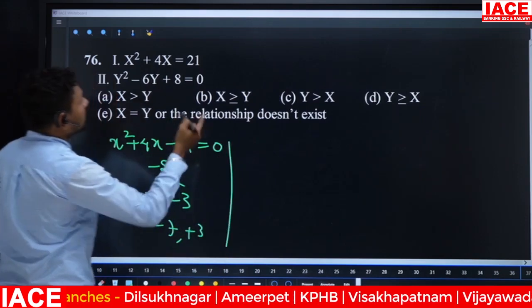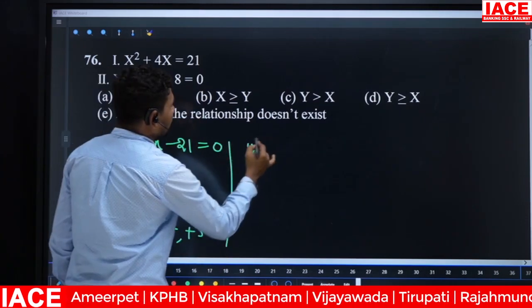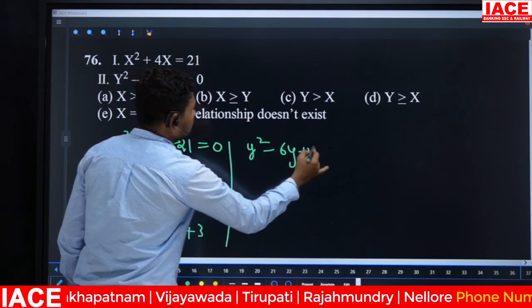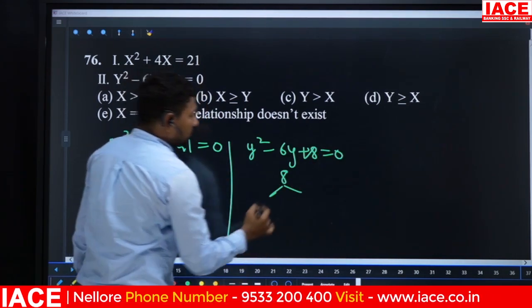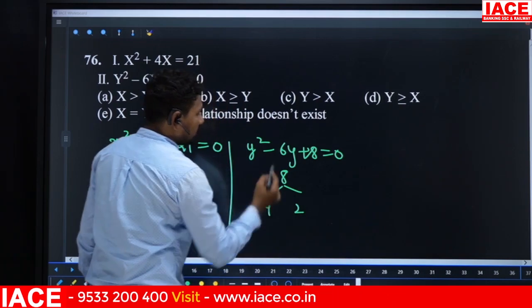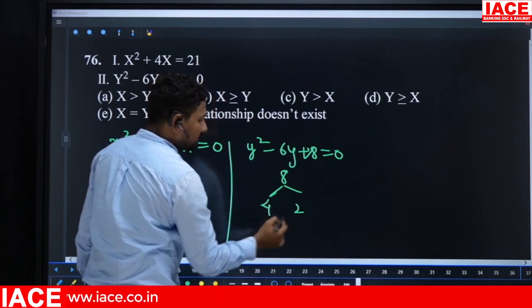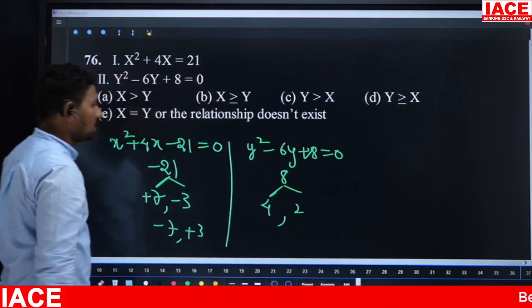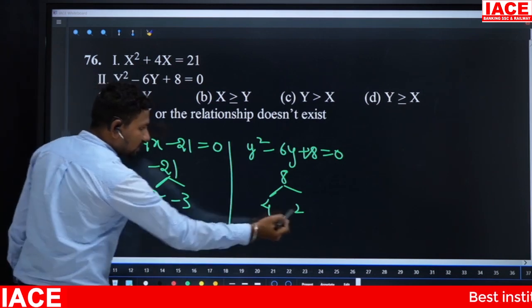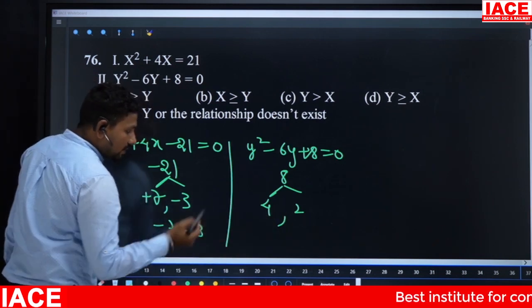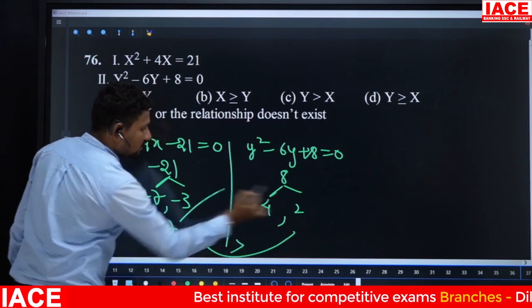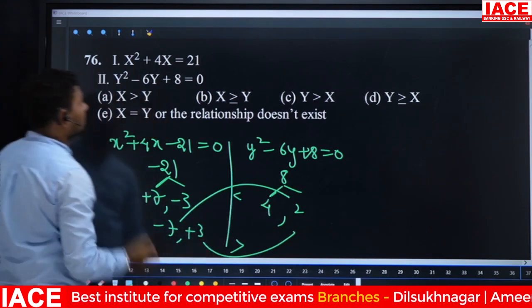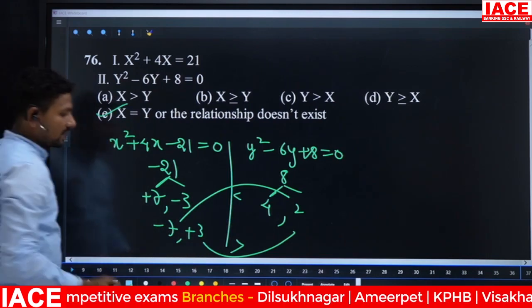Next, y square minus 6y plus 8 is equal to 0. 8 factors are 4 twos, and here we get minus plus, always giving two positive factors, so directly you can write 4 comma 2. Compared to minus 7, 4 is bigger, but compared to plus 3, 4 comma 2 is bigger. In one case 3 is bigger, in the other case 2 is bigger. One less than and one greater than means our relation cannot be determined.